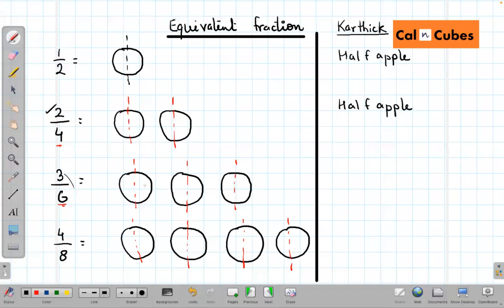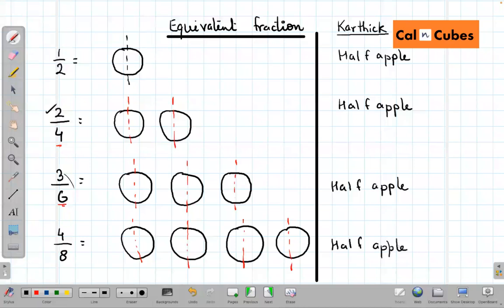If there are 6 people and one person is Karthik, how much apple will you get? Half apple. And if 8 people and one is Karthik, how much apple will you get? Half.